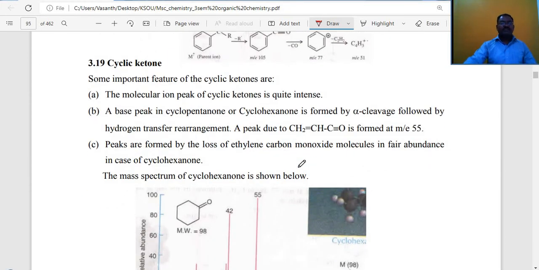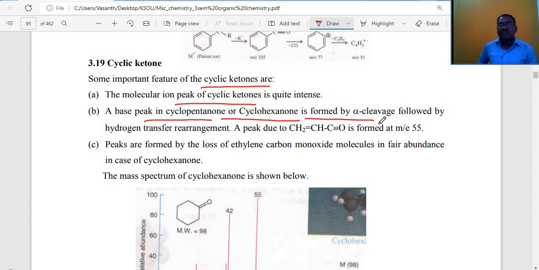As a result, consider benzaldehyde. Now cyclic ketones. Some important features of cyclic ketones: the molecular ion peak of cyclic ketones is quite intense. The base peak in cyclopentanone or cyclohexanone is formed by alpha cleavage followed by hydrogen transfer rearrangement.